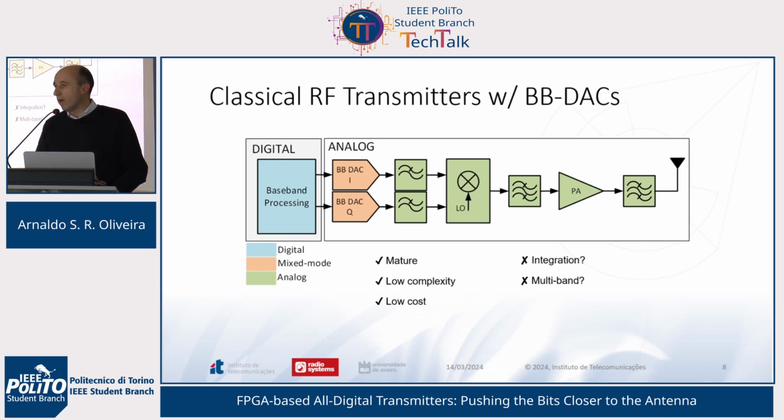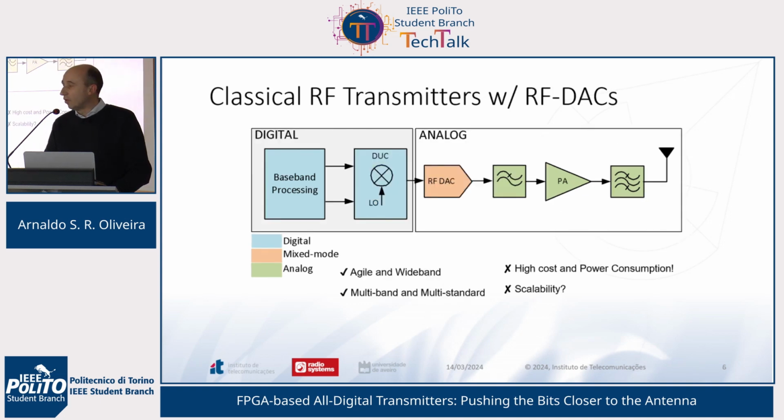This is a well-established, very mature RF transmitter architecture. It has low complexity and low cost. But the integration is difficult because the technologies for the analog part and the digital part are very different and not easily integratable. This approach also has huge limitations in terms of multi-band and multi-carrier approaches.